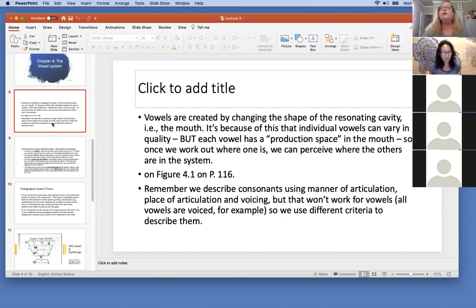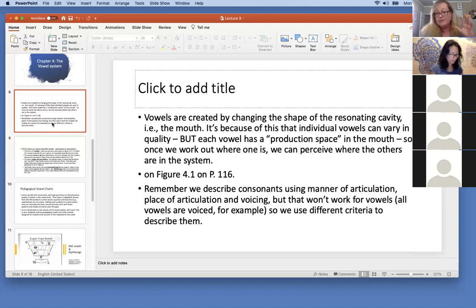If you go to figure 4.1 on page 116, you will see that quadrant right there in the mouth, and that's typically how we talk about vowels.